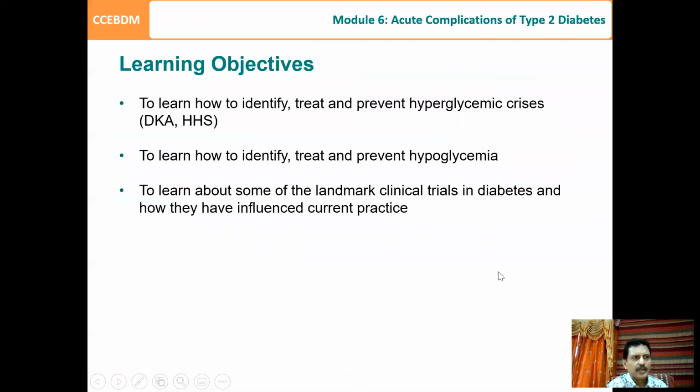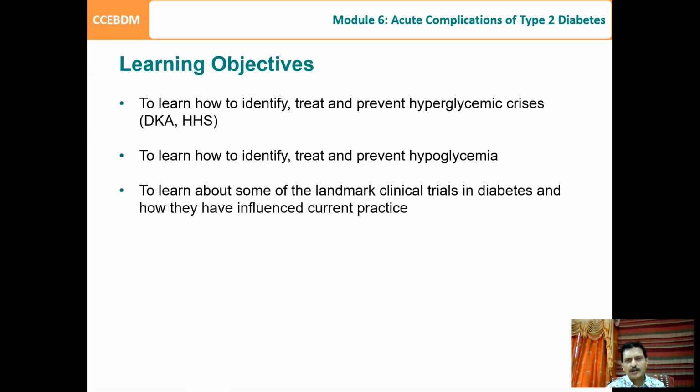So let us have a look into the learning objectives of this module. We have to learn how to identify, treat and prevent the hyperglycemic crisis, that is diabetic ketoacidosis and hyperosmolar coma.